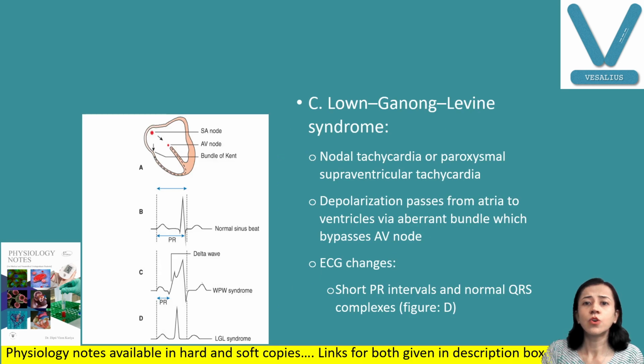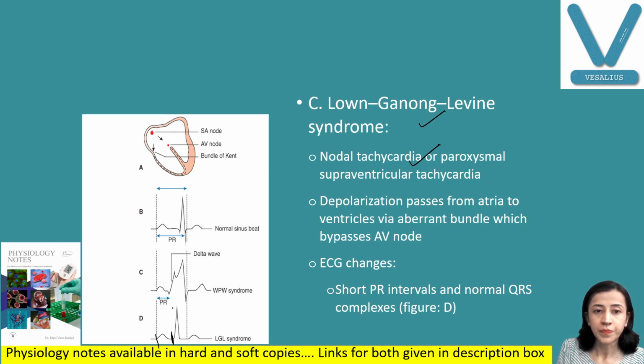Next is Lown-Ganong-Levine syndrome. Here this is also nodal tachycardia or paroxysmal supraventricular tachycardia. Here you can see depolarization passes from atria to ventricle, but not by the bundle of Kent, by some other pathway. This is Lown-Ganong-Levine syndrome. The ECG changes are that the PR interval is short.